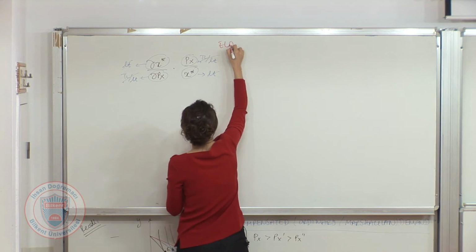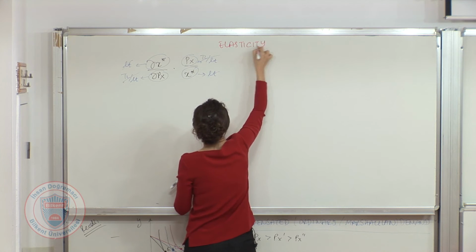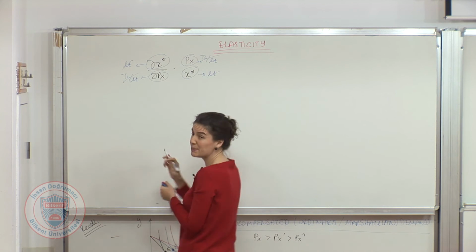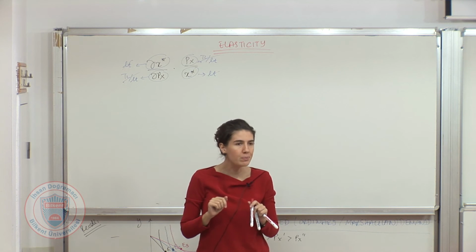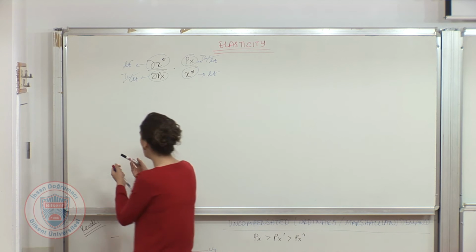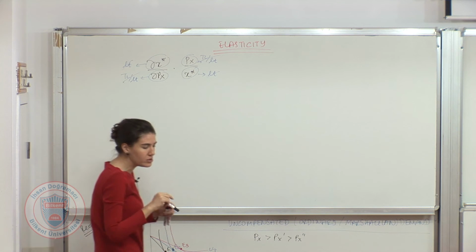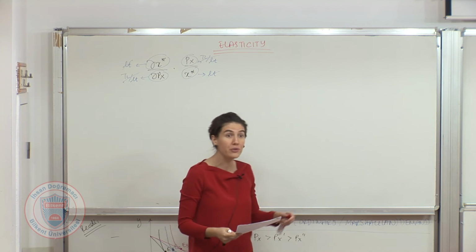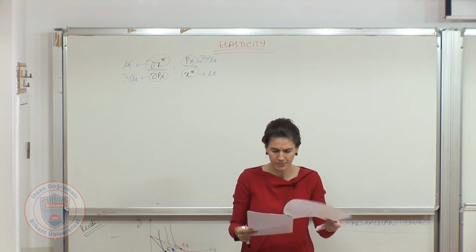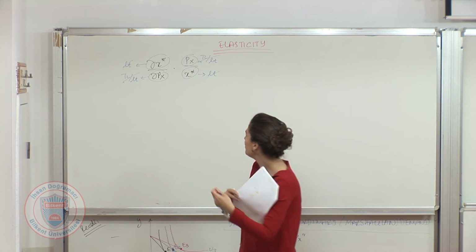So basically, elasticity measures the responsiveness of quantity demanded to changes in price, okay? I'm going to define, and in this course we're going to have different elasticities for both of these demands. Let me write these down.